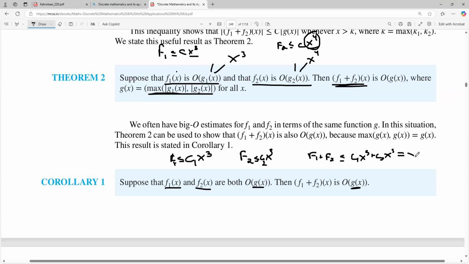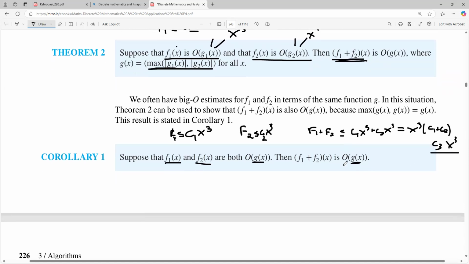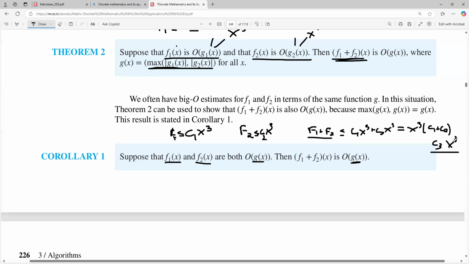Factor out the x cubed, I get x cubed times c1 plus c2. c1 plus c2 is just another constant, let's say c3. And thus we've proved this: their sum is also big O of x cubed.